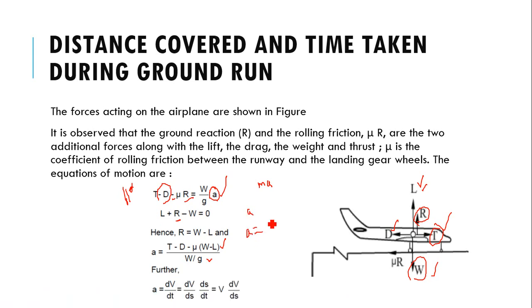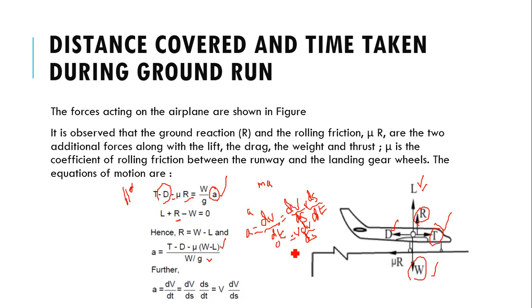We know A, the acceleration, is dV by dt, in meters per second squared. dV by dt we can write as dV by ds into ds by dt. We know ds by dt is V, so A equals V into dV by ds.